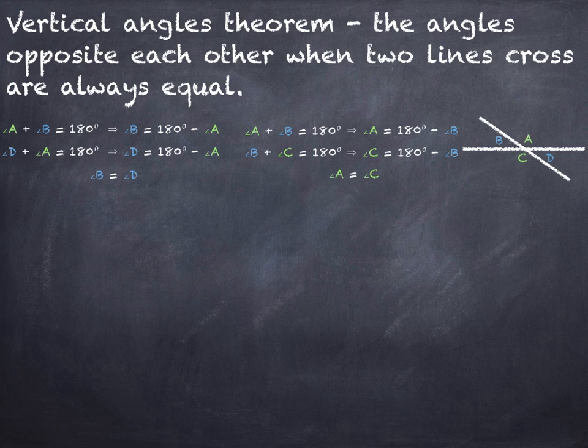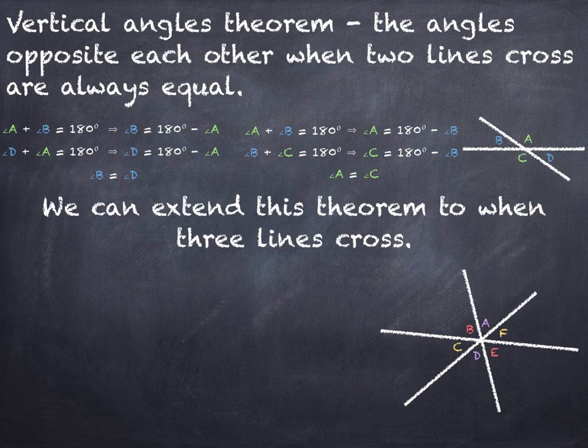We can extend upon this theorem by looking at three lines that cross. We'll label our angles A, B, C, D, E, and F. Now we can see that angle A, angle B, and angle C all make a line. So when you add those angles together, they will equal 180 degrees.